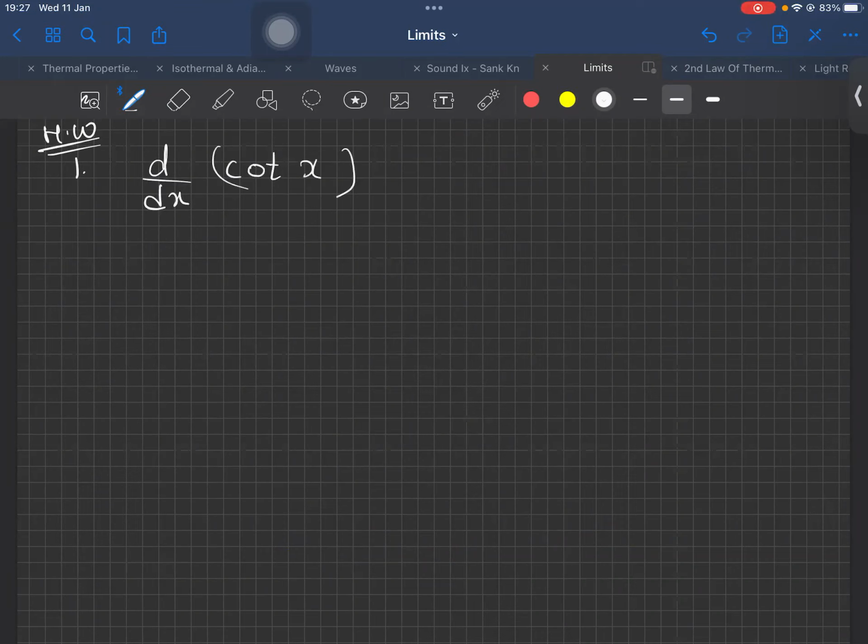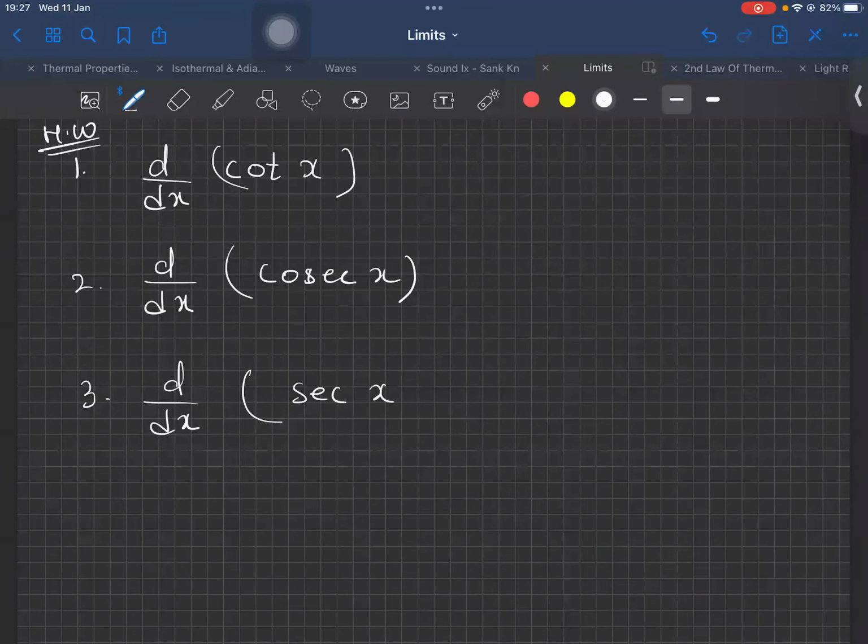Number 2, d upon dx of cosecant x, and d upon dx of secant of x. Can you find out these three? Right? Hopefully you can do this.